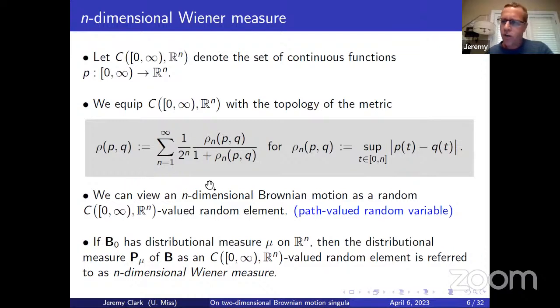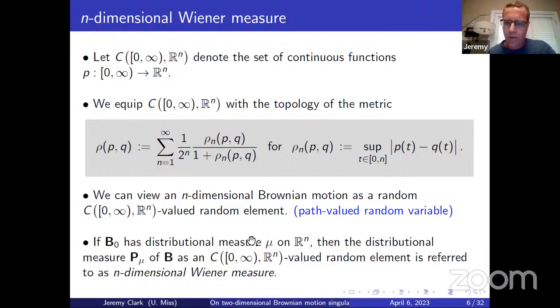One perspective on what a Brownian motion is, you can think of it as a random variable taking values as paths. A more technical way of saying it, it's a path-valued random variable. Now, the initial position of the Brownian motion might be taken to be 0, but it could be some more general distribution.